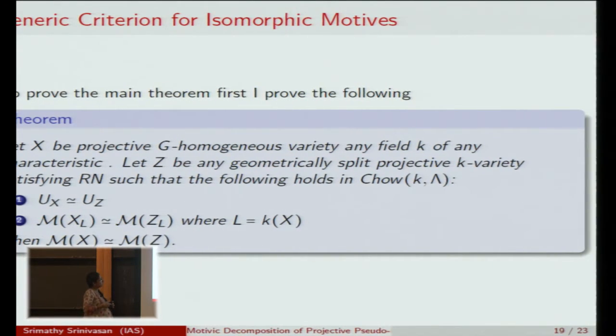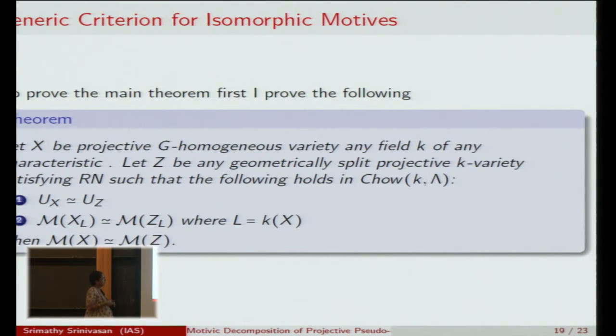Let Z be any geometrically split projective variety satisfying Ross-Nilpotence such that the following holds. Suppose the upper motive of X and the upper motive of Z are isomorphic, and the motive of X and the motive of Z are isomorphic over the function field of X, then I claim that the motive of X and motive of Z are isomorphic.